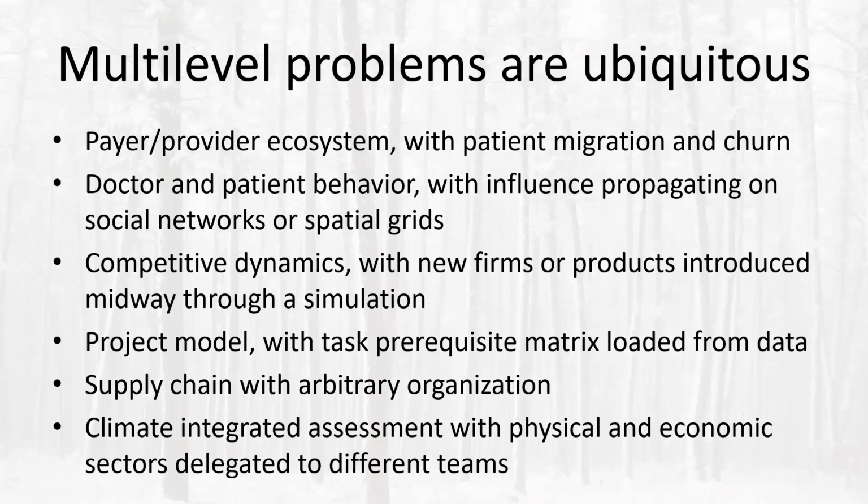It supports that well. If you have, say, a healthcare system where you have payers and providers, you may have a modest number of payers just because of concentration in the industry, and a larger number of hospitals and doctors' offices and other providers who are interacting with those, and each is serving a patient population that's migrating and churning.